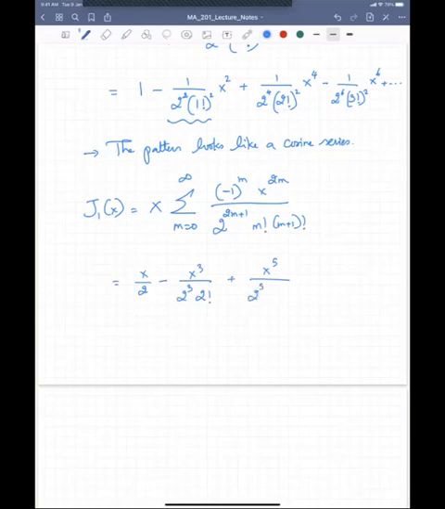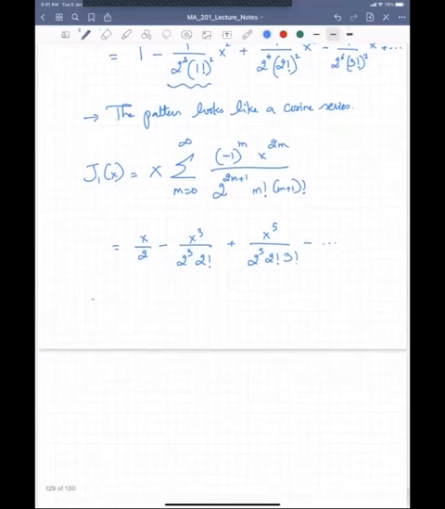I think you will get a 2 factorial, since I'm putting m equals 2, I'll get a 2 factorial from this term and a 3 factorial from this term, minus so on and so forth. And you can also recognize that this looks like a sine series. It is not a sine series, but the pattern is exactly like a sine series. But the coefficients of x and x cubed and x to the 5 are totally different.